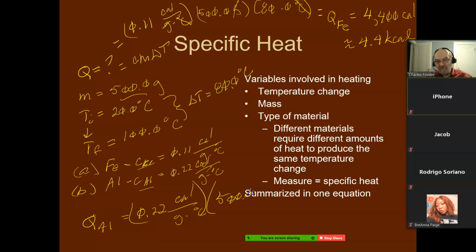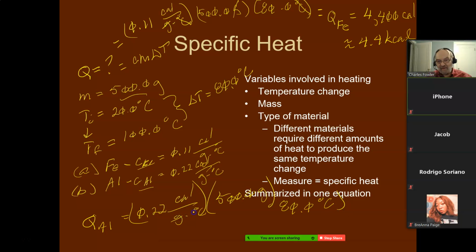Now 500 grams of aluminum is the same mass as 500 grams of iron, but you don't need nearly as much iron to make 500 grams as you do aluminum, because iron is much denser. And your 80 degrees was still your delta T.